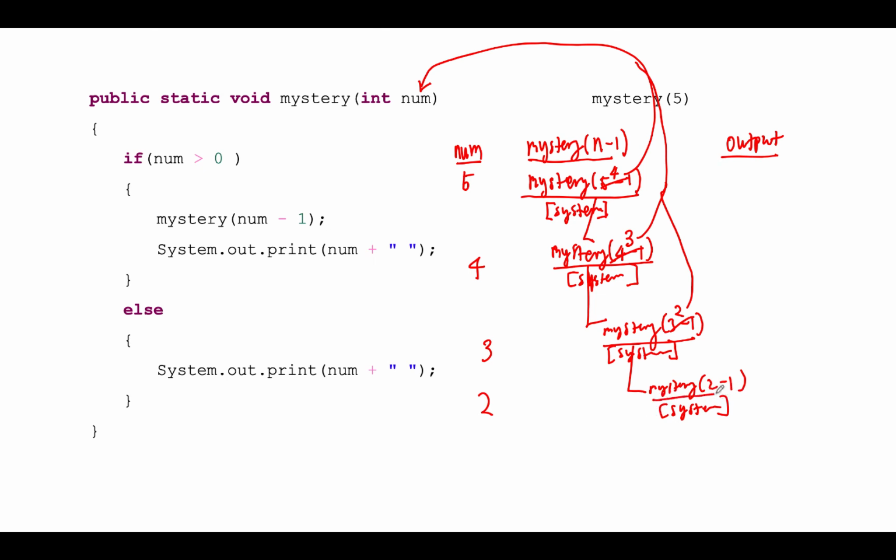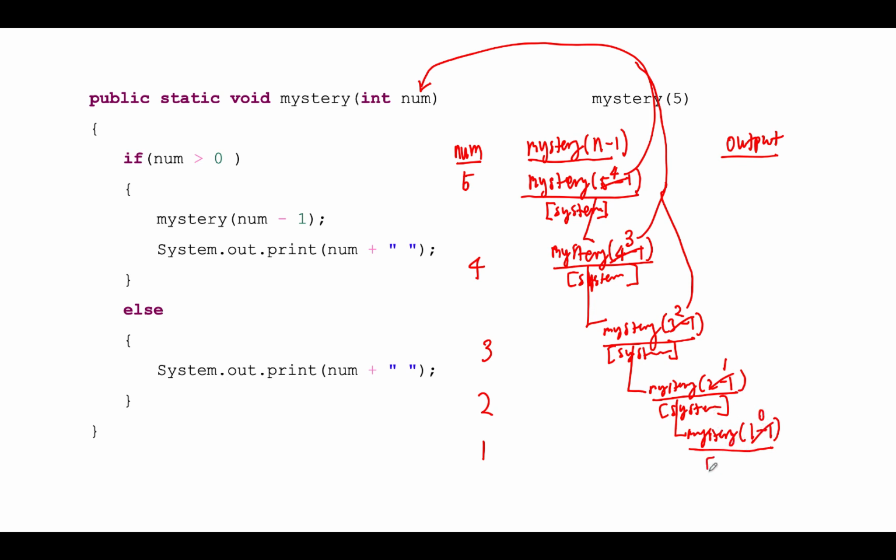This time we're going to pass in mystery 1. Our num is 1, which means that mystery 1 minus 1 is called, because num at this point is greater than 0. This is going to call mystery 0. So our num is now 0.